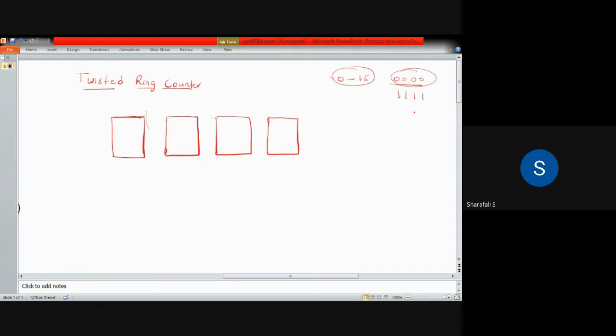So 1 into 2 raised to 0, plus 1 into 2 raised to 1, plus 1 into 2 raised to 2, plus 1 into 2 raised to 3. So this is 8 plus 4 plus 2 plus 1, which is 15.